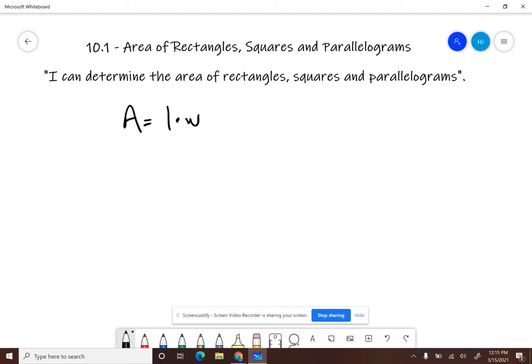I want to change your mentality just a little bit, and we're actually going to use some different definitions for this. Very similar, but you're going to understand why as we move along, because we're going to build on this new definition of area as we move through these different parallelograms, and it's going to help you to remember them as well.